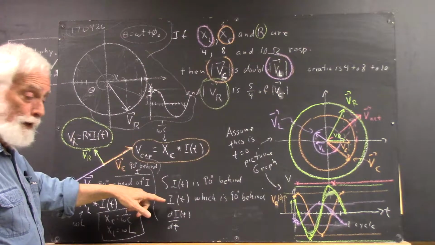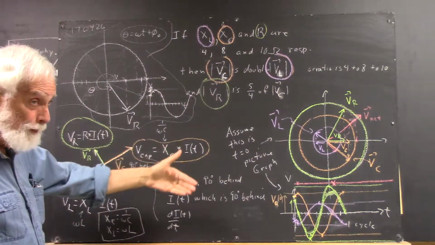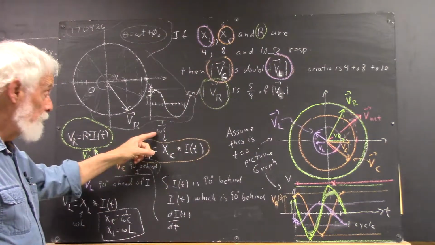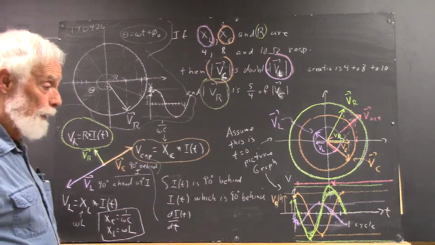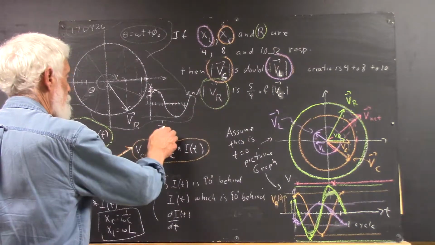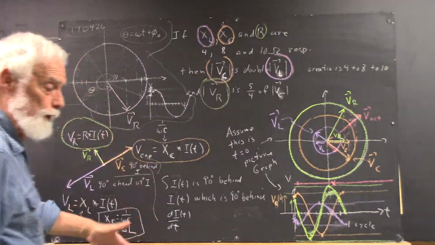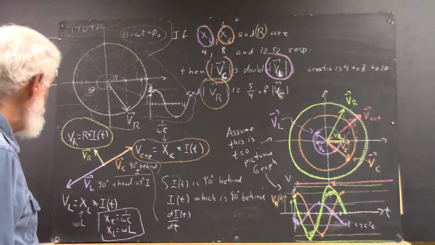When you integrate sine or cosine of omega t, you're going to get a 1 over omega. And that's where the 1 over omega comes from. The C's in the denominator because the voltage across the capacitor is 1 over C times the charge.